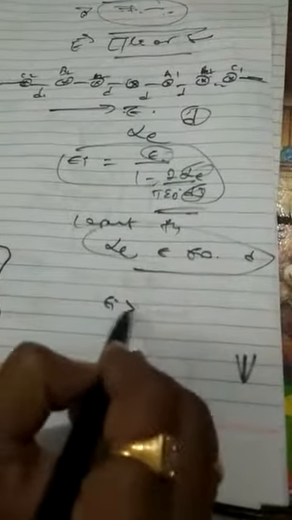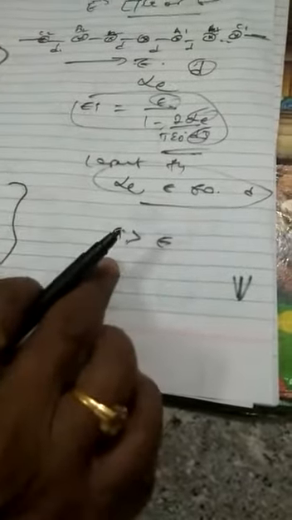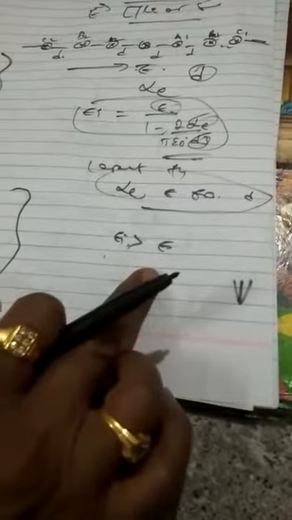Therefore, the internal field is greater than the applied field. Equation 1 has been obtained by considering a one-dimensional array of atoms.